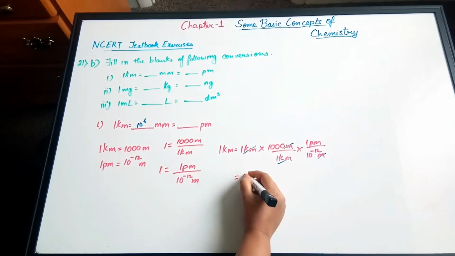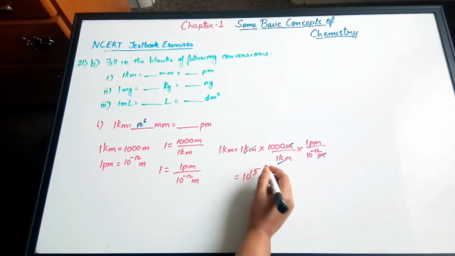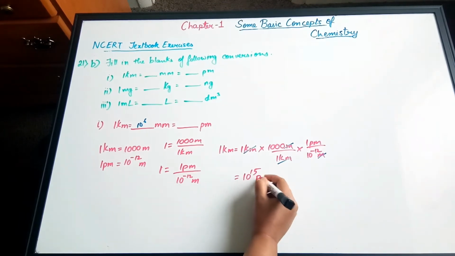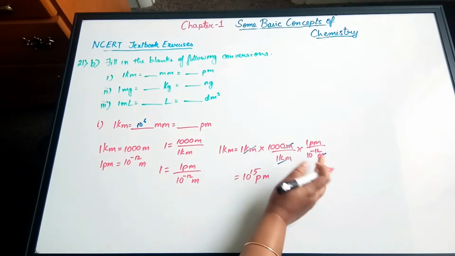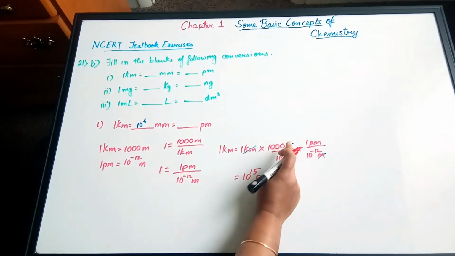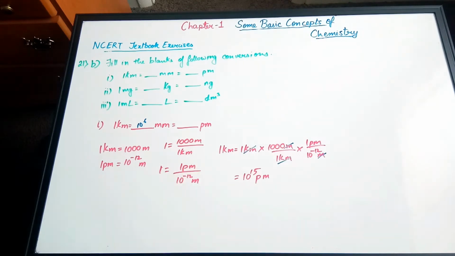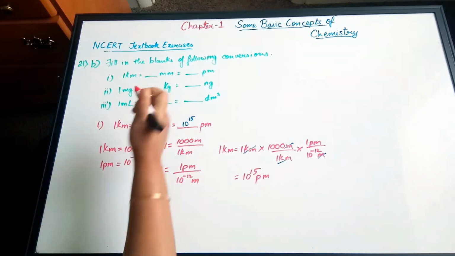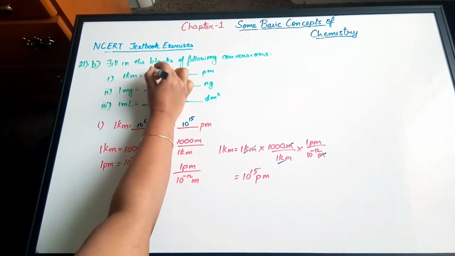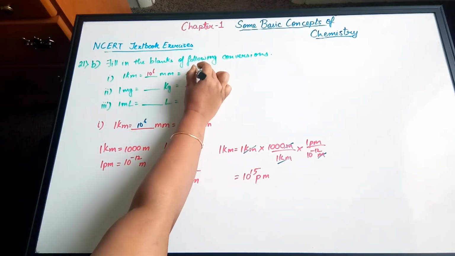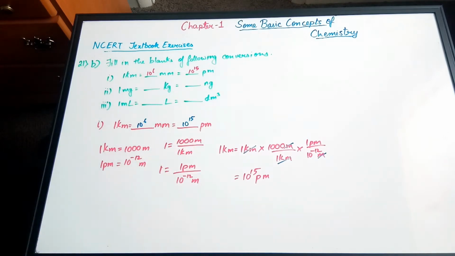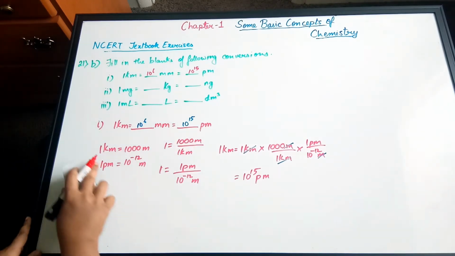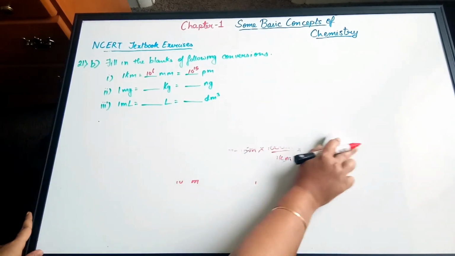That's equal to 10 to the power 15 picometer, because this 12 comes to the top, so it becomes 10 to the power 12, then 12, 13, 14, 15. So here you have 10 to the power 6 and 10 to the power 15 picometers.